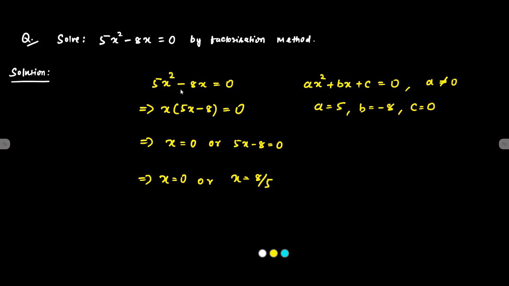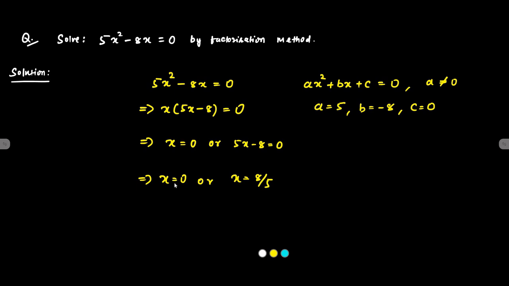This was comparatively very simple, short, and straightforward. So don't get confused when you see an equation like this. The only condition is that the coefficient of x² should not be equal to 0. a should not be equal to 0 to satisfy the quadratic equation condition. So here we took x common and the rest was very simple and straightforward.